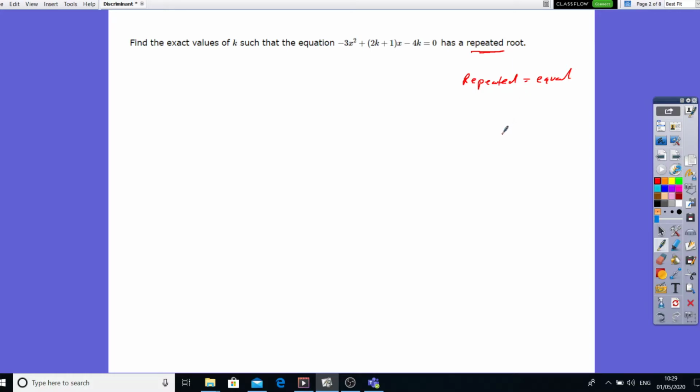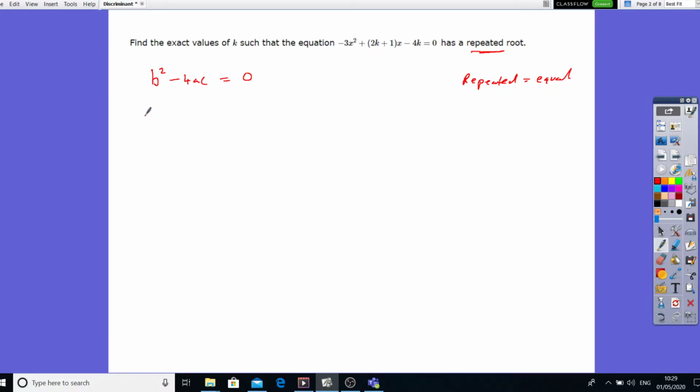So repeated roots, equal roots, same. So let's go through and again write down the discriminant as b squared minus 4ac, and this time, for repeated roots, it is going to be equal to 0.